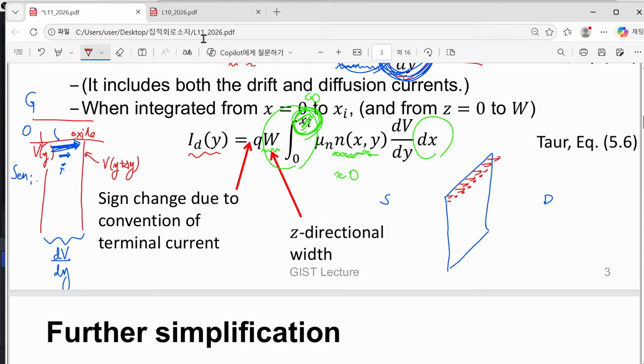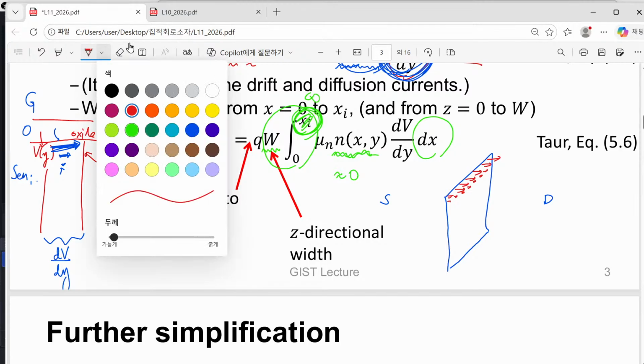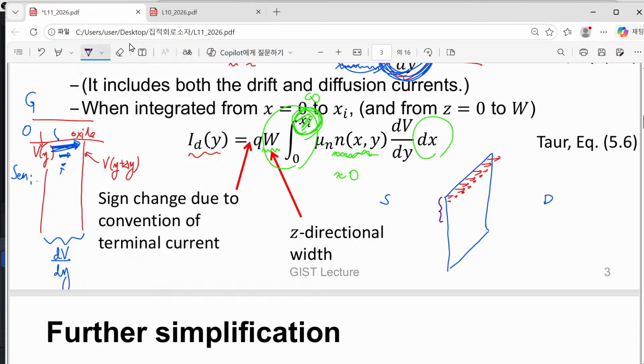Therefore, although we have restricted our integration to not entirely cover this depth scale, if we just consider a certain position, say xi, that is enough to consider all kinds of meaningful contribution to our current conduction. That is shown here. So the upper limit of this integration should be considered in that way.